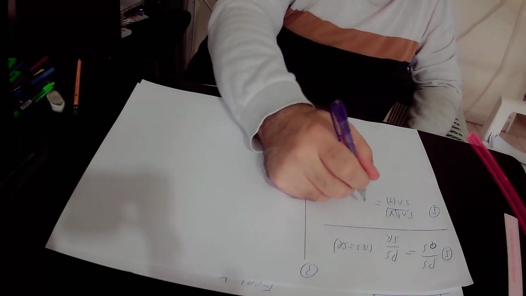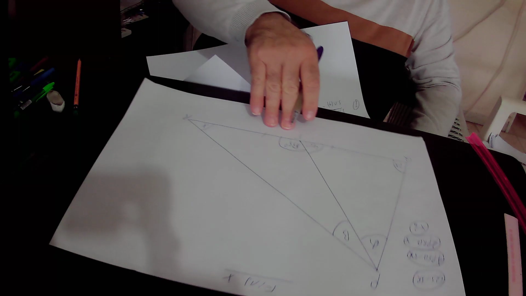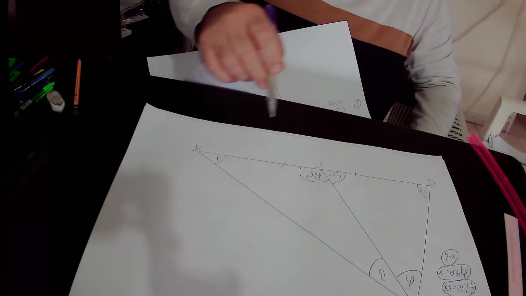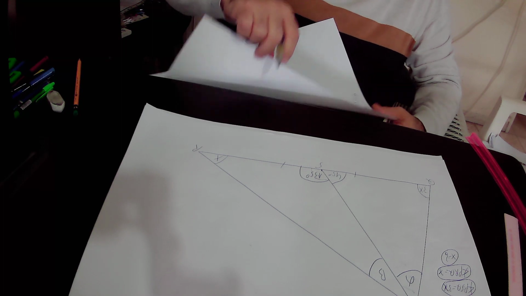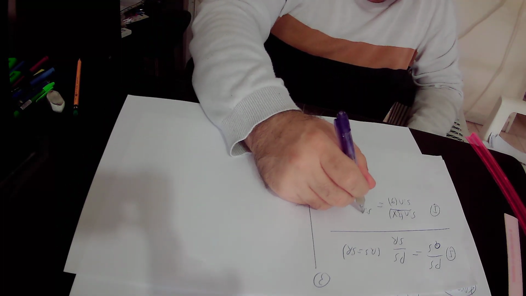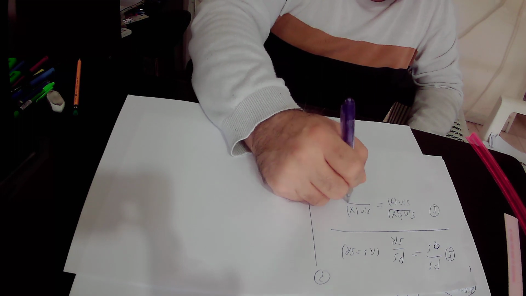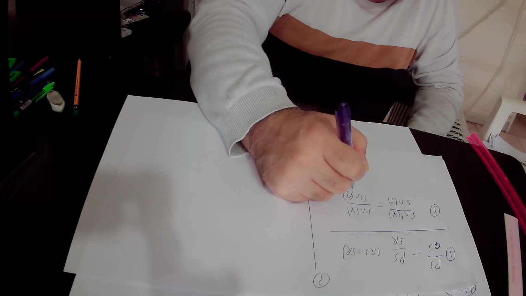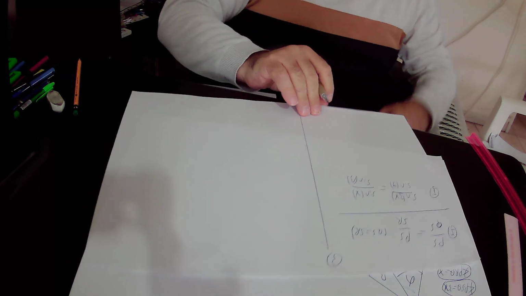Likewise, PS over SR, if you relate to triangle PSR, will be equal to sine x over sine beta. Okay?